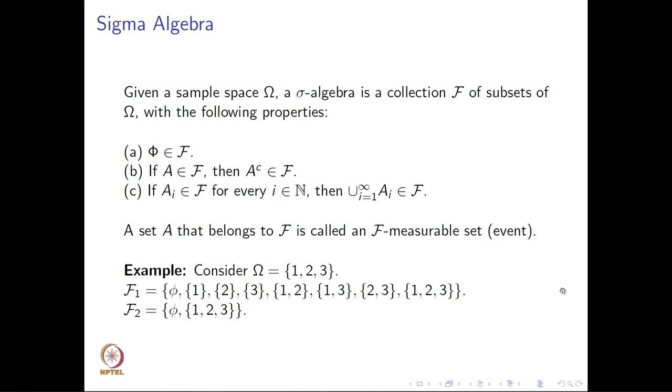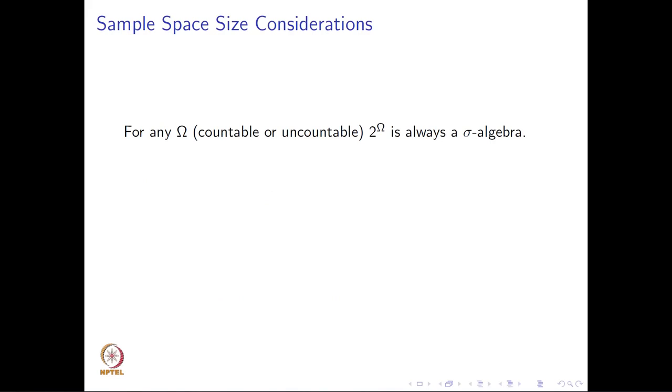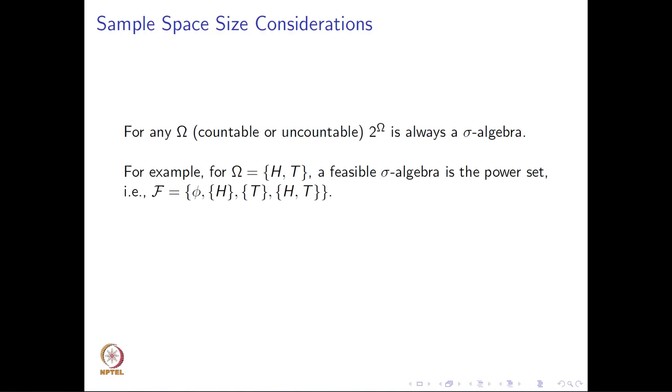Now that we know what a sigma algebra is, let us try and understand how this concept is useful. First of all, for any omega, countable or uncountable, the power set is always a sigma algebra. For example, for the sample space comprising two elements H, T, a feasible sigma algebra is the power set.